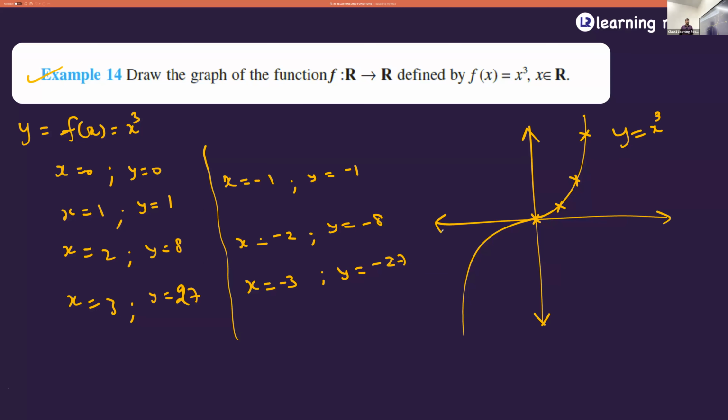So by now you would have understood how to draw the graph also. Just need to take the values, plug in, find out the y values, plot it. This is just a cubic polynomial. That's just x cube. That's this graph.